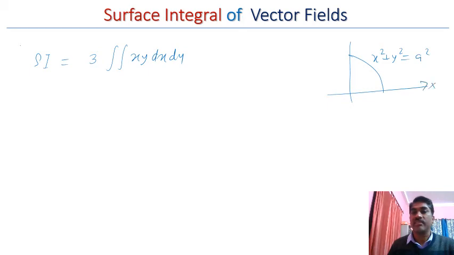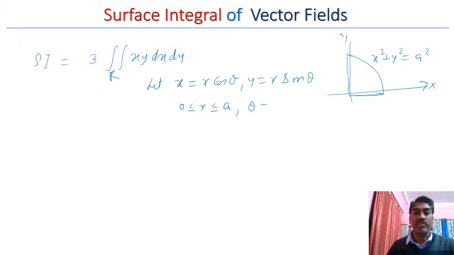This is the x-axis, this is the y-axis. It is easier to convert the variables into polar coordinates. So let x equal r cos theta and y equal r sin theta, so that r will vary from 0 to a, because a is the radius, and theta will vary from 0 to pi by 2.